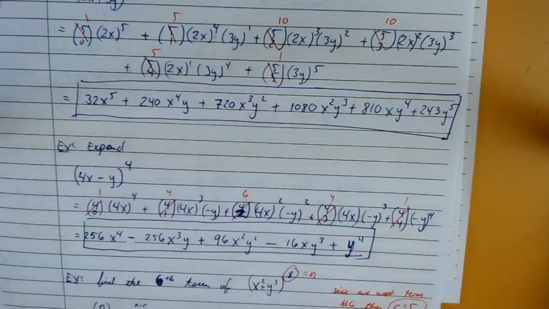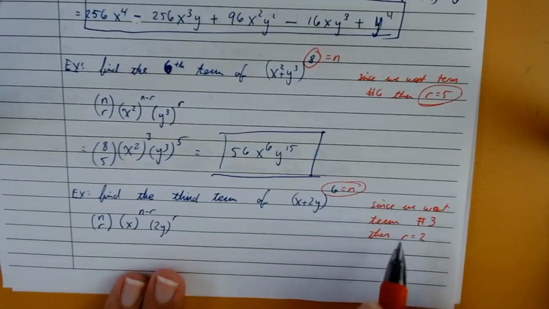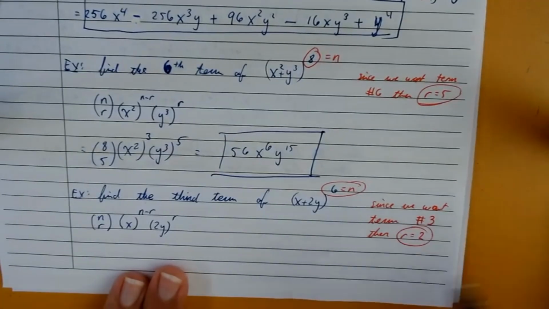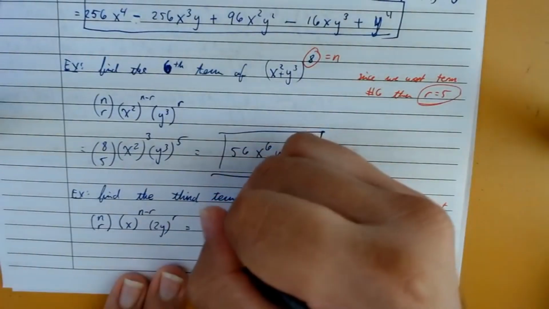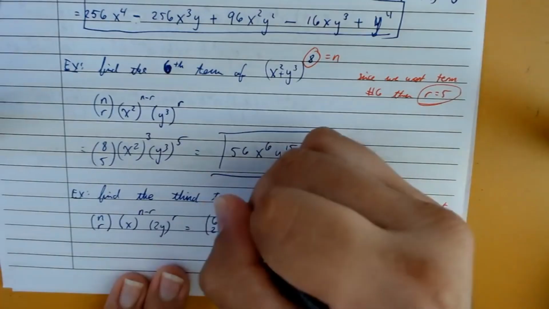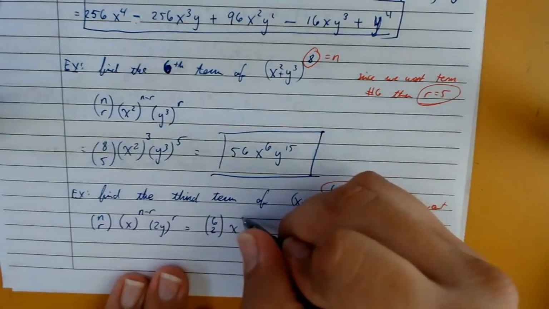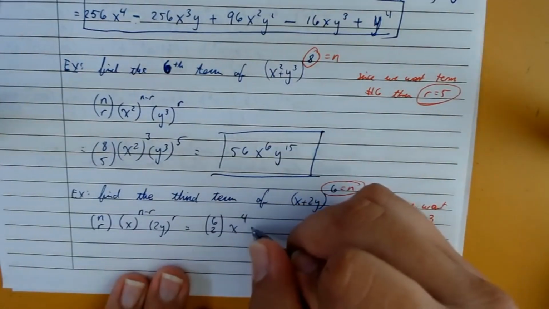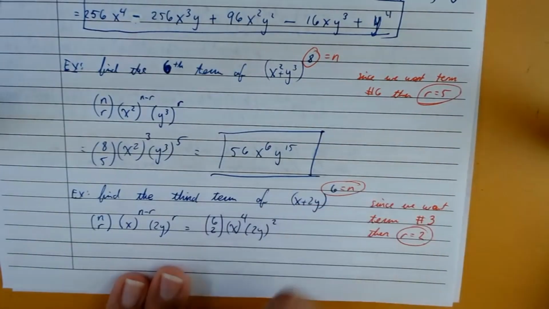Oh, r is always one less than the number of terms. So here, we want term number 3, r is equal to 2. Okay, so let's plug those in. That's going to give us 6 choose 2, x to the difference of those two, that's going to be 4. And then 2y to the power of that bottom one, that's 2.